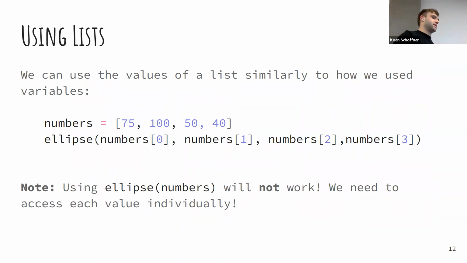Using lists, we can store any value, and then we can use those values like variables in things that we want to create. For example, here we have an ellipse. Normally we declare it like we did in the second week, when we talked about variables for the first time, and we put each value in there as is.